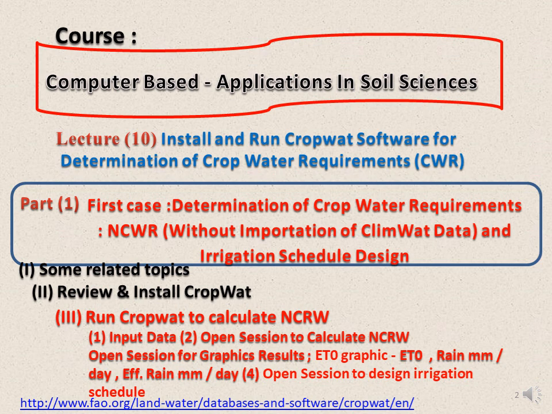Then open a session to calculate NCRW, open a session for graphic results, ET0 and ET0 and rain in millimeter per day and effective rain. First step, open a session to design the irrigation schedule.